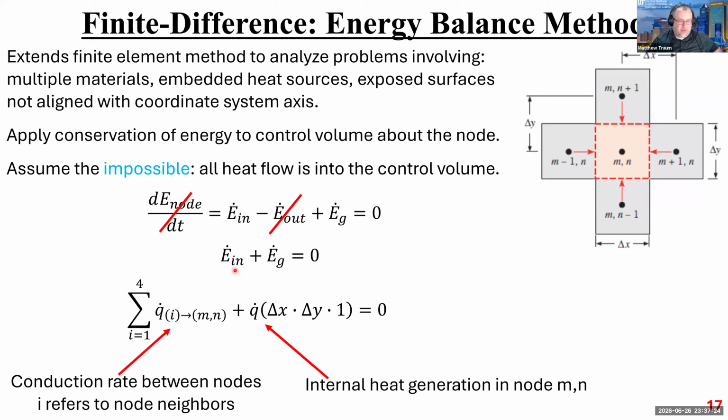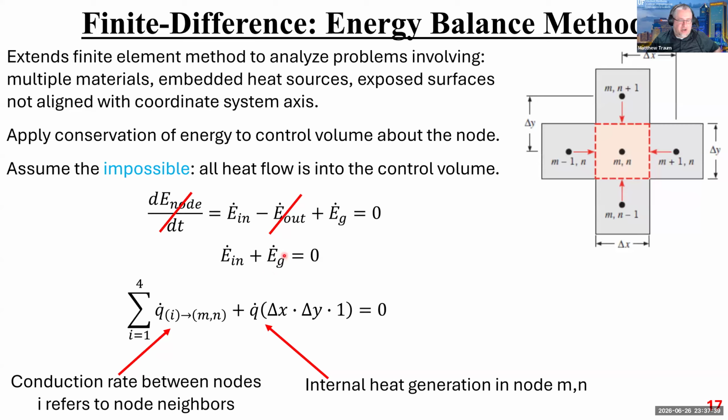That's what this represents. It's basically E dot in, but for each of the 4 surrounding regions, transferring heat through conduction into my central region, whose temperature is represented by this node at m,n.